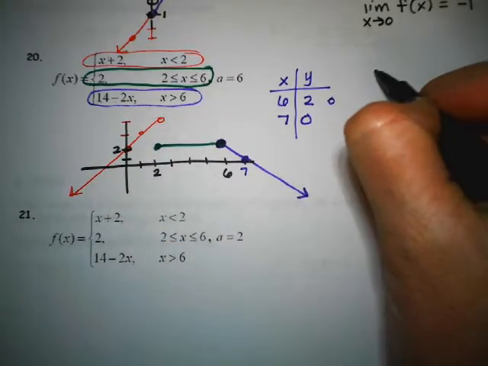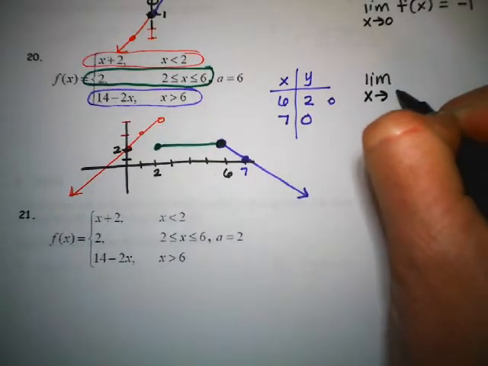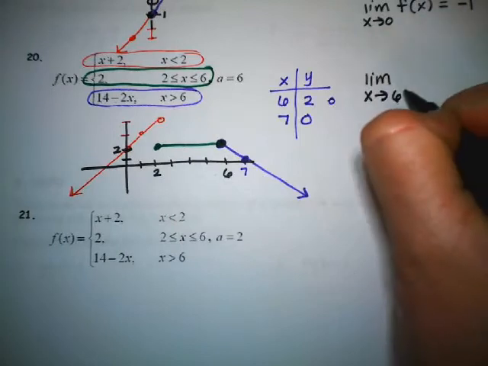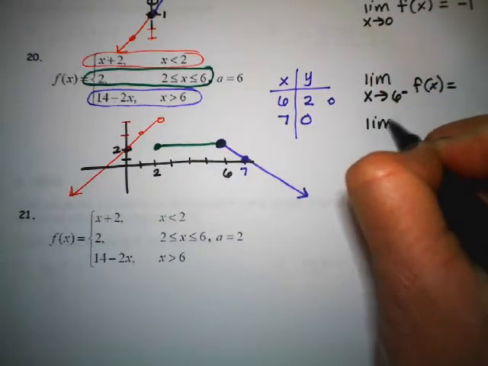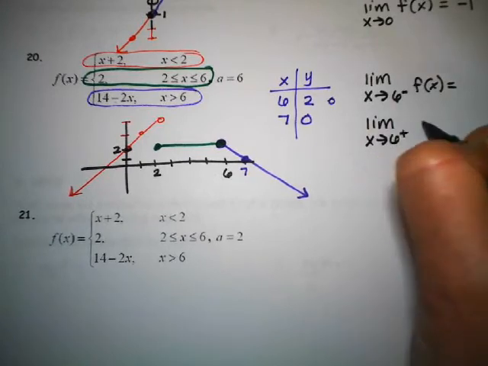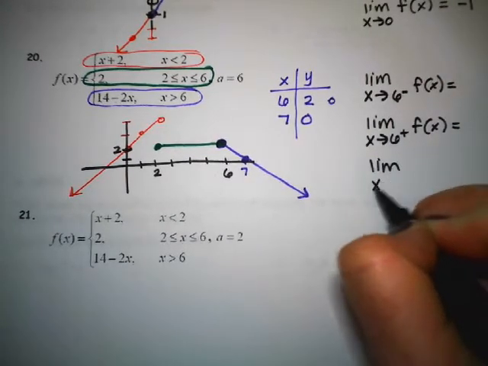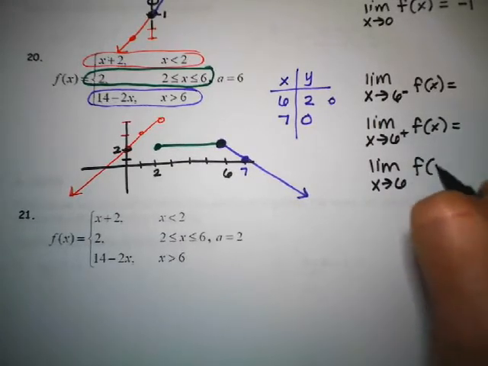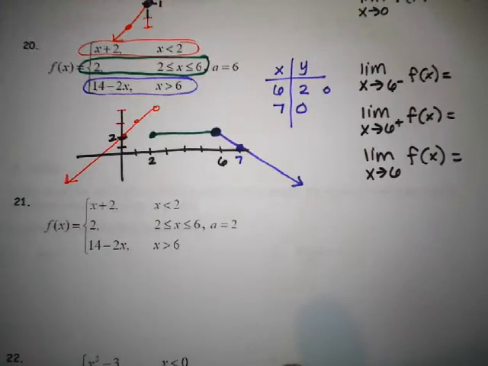If I have to answer these questions, find the limit as x approaches 6 from the left of f of x, the limit as x approaches 6 from the right of f of x, and the limit as x approaches 6 of f of x. Those are the 3 questions that are being asked. We're going to look at our graph to help us.